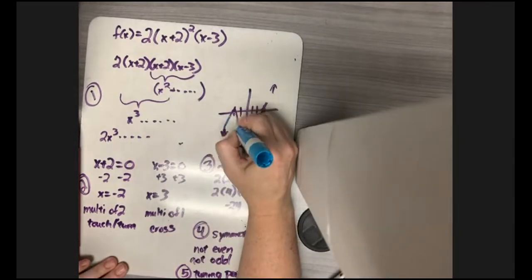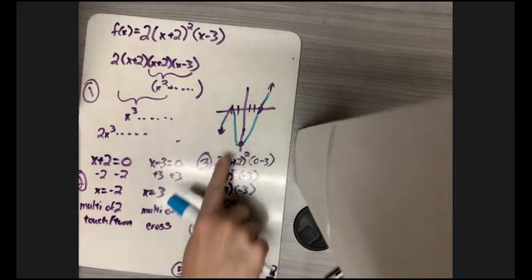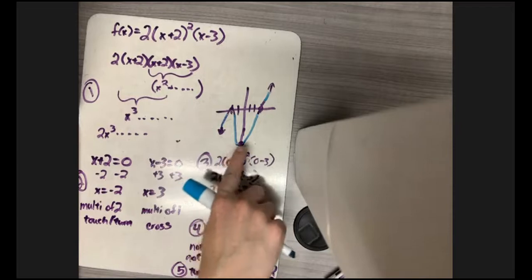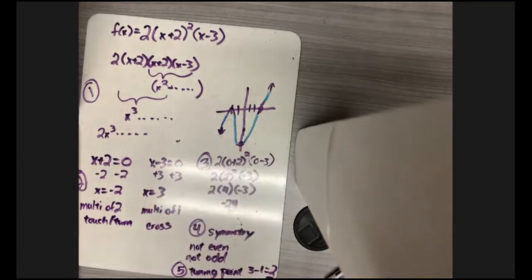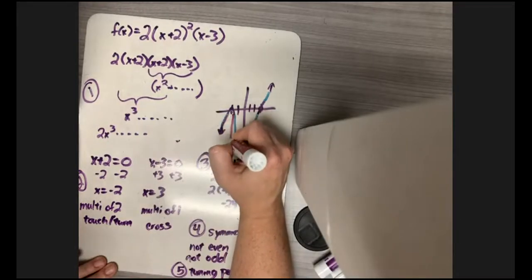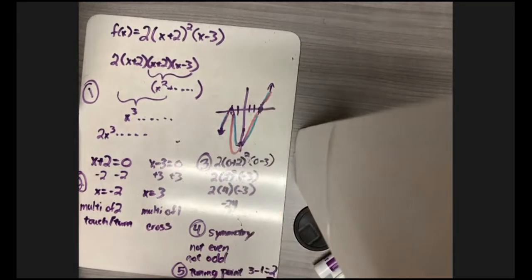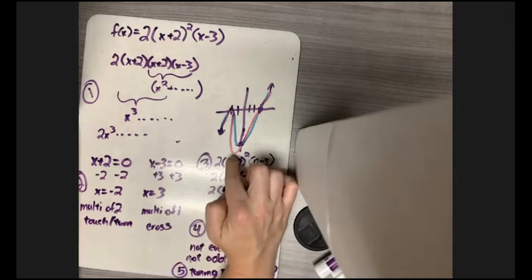So maybe it looks like this, where that other turn is down here going through that y-intercept. Okay, that may be one of it. The other option, or another option, could be that turn, okay, happens before.